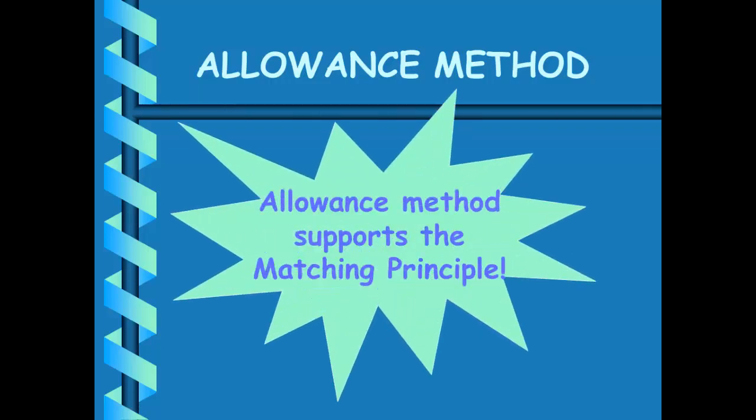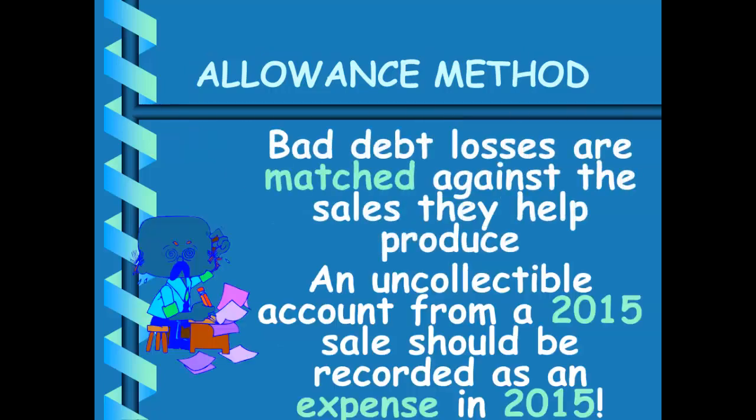Now, if you think about it, if I sell to a customer this year in the year 2013, and that customer is not going to pay me, I'm going to have some expense that results. To have good matching, if the revenue is on my books this year, the expense needs to be on my books this year also. However, the problem is when I sell to a customer, do I know whether or not they're going to pay me?